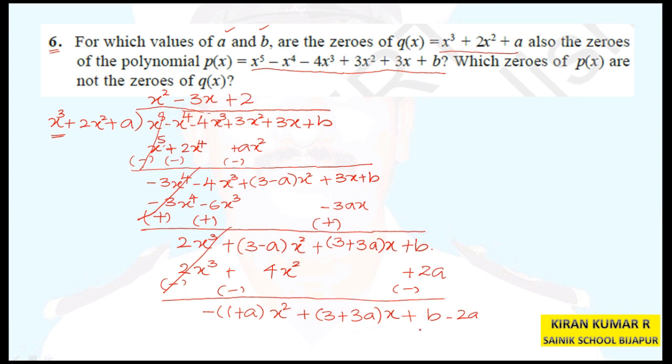Just look at this. The degree of this expression is 2 and the degree of the divisor is 3. So we need to stop our division at this particular step. Alright.